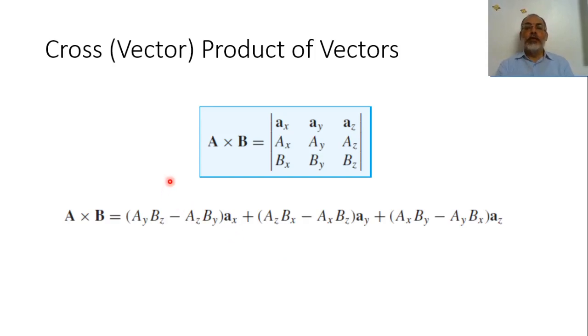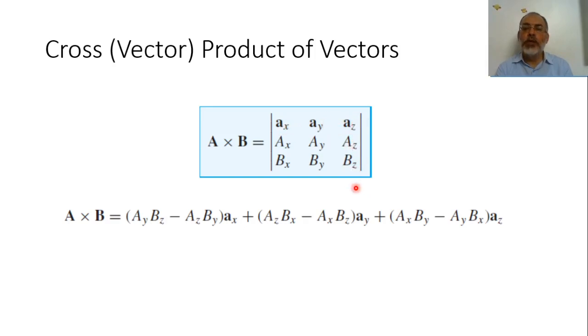We can make this multiplication in a simpler determinant form. A cross B can be represented with the unit vectors AX, AY, AZ in the first row, the X, Y and Z components of A in the second row, and finally the X, Y and Z components of B in the third row. Now, by taking the determinant, I'll take also the Z component.